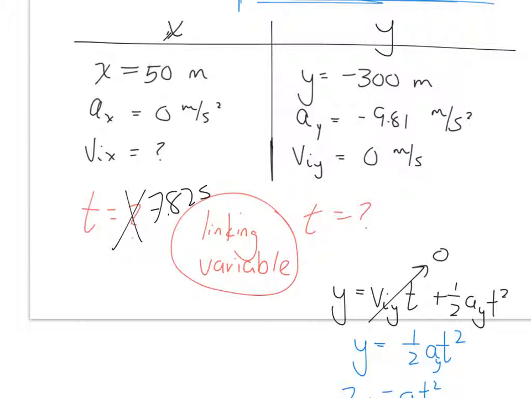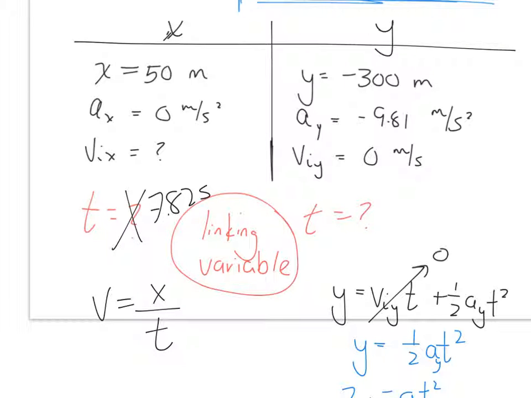Now, in the x direction, I told you a little while ago that we're going to assume acceleration is what? 0. In the x direction, right? So when there's no acceleration, there's only one formula that you're going to ever use. The first formula we learned all year. Sam? Okay, there it is.